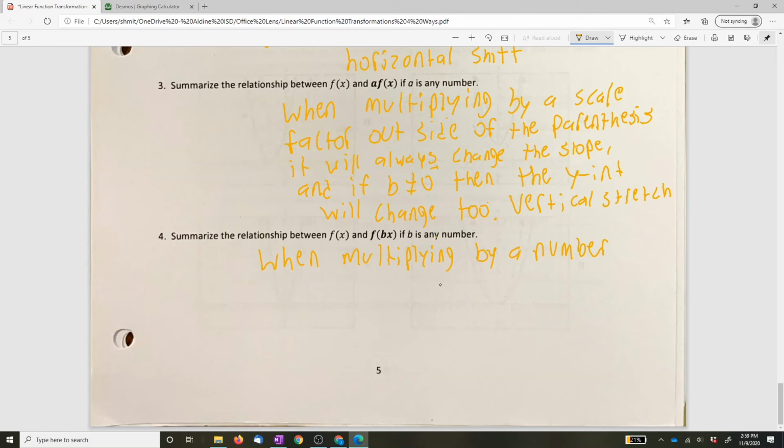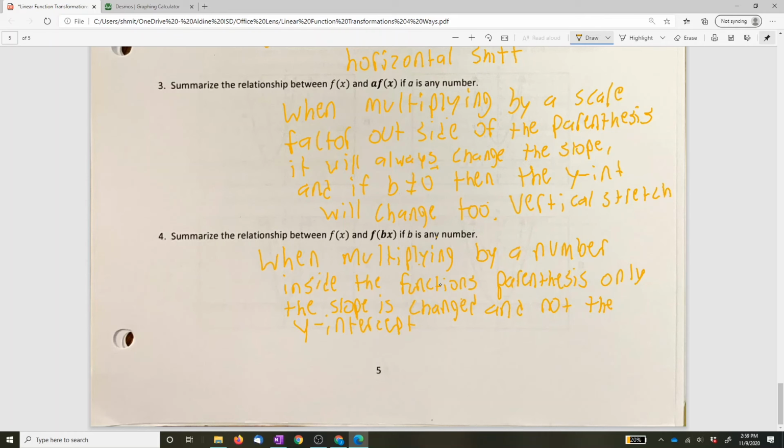It's only going to change what's inside of that parentheses, which is just x. When multiplying by a number inside the parentheses, or inside the function's parentheses, only the slope is changed. And not the y-intercept. The y-intercept will never be changed if we're multiplying inside of this parentheses.